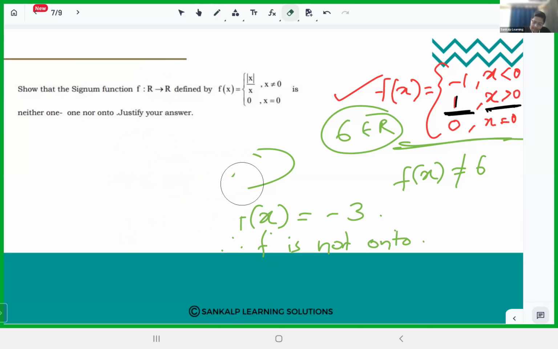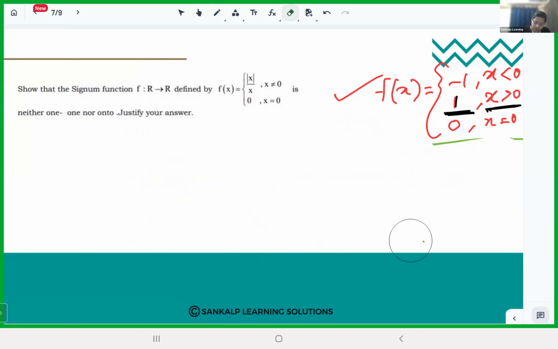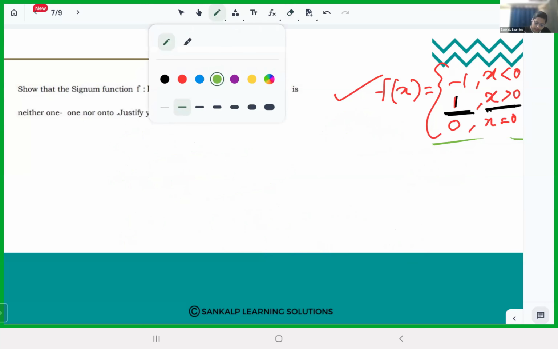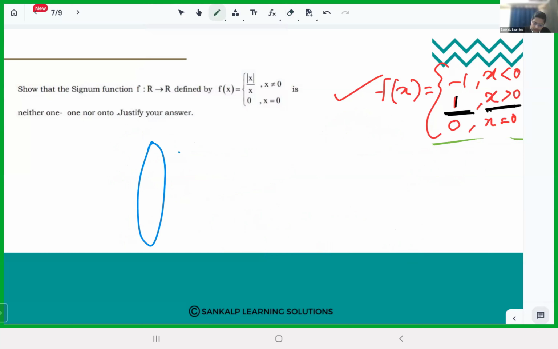This can be explained with the help of an arrow diagram also. Let this be R. It is not a finite set, so you can't exactly do it like this, but I'm doing it to make it more clear.